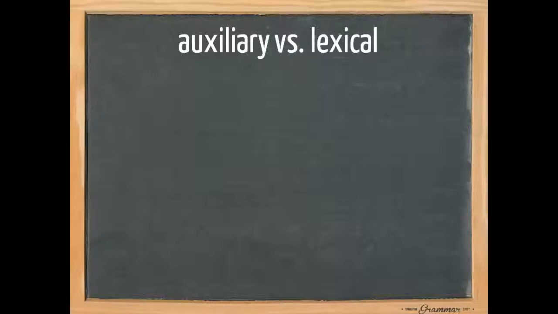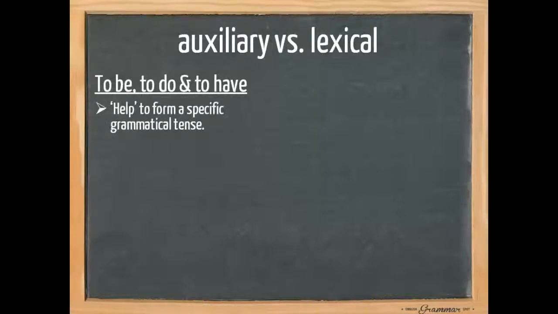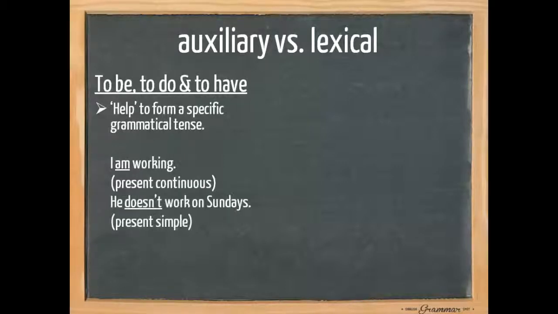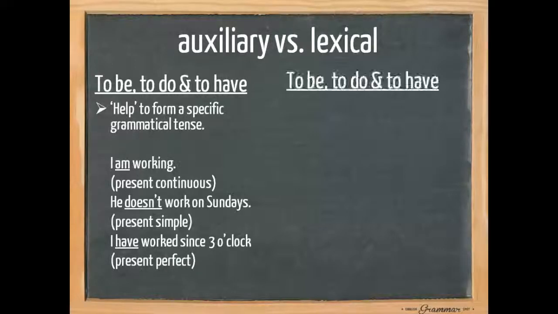Finally, let's have a look at the auxiliary, so the helping verb, versus the lexical verb. To be, to do, and to have as auxiliaries help to form a specific grammatical tense, for instance a present continuous such as I am working, or a present simple, he doesn't work on Sundays, or a present perfect, I have worked since 3 o'clock.